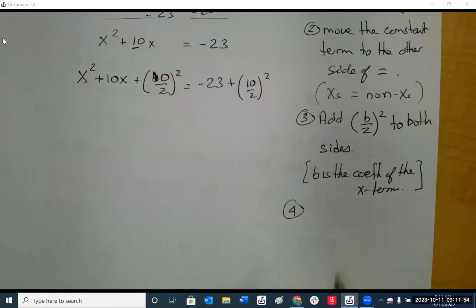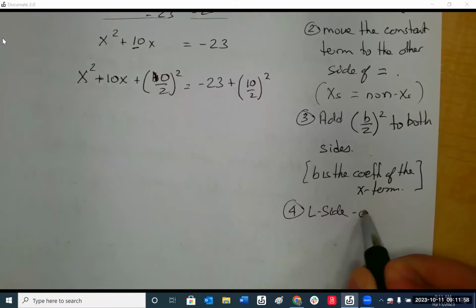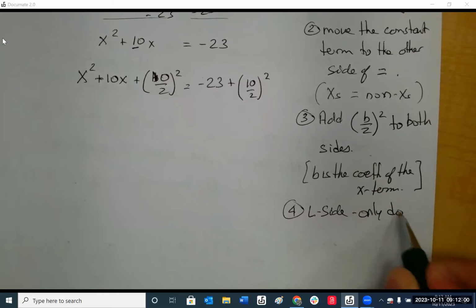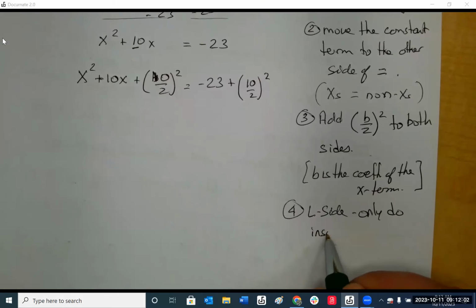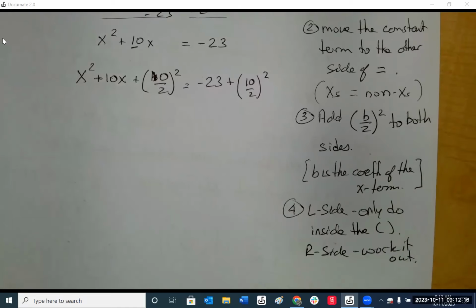On the left side, only do inside the parentheses. The right side, work it out all the way.